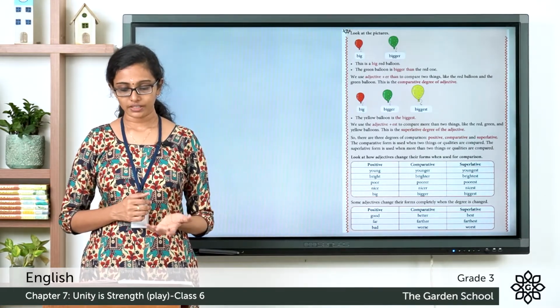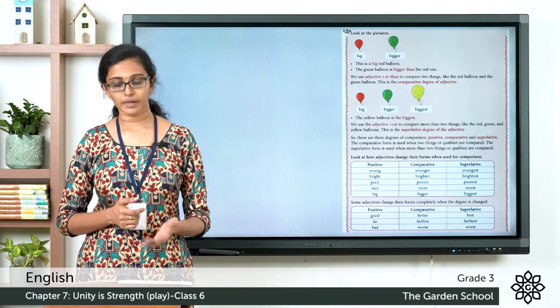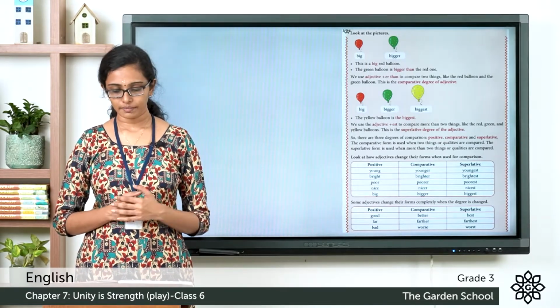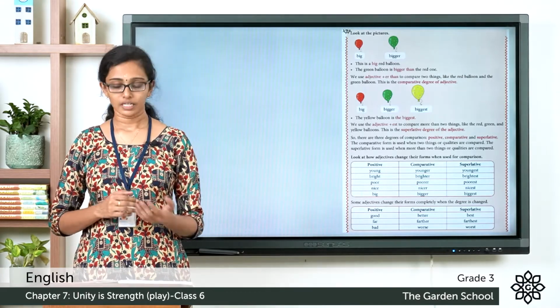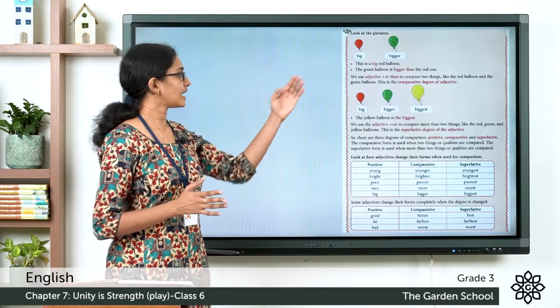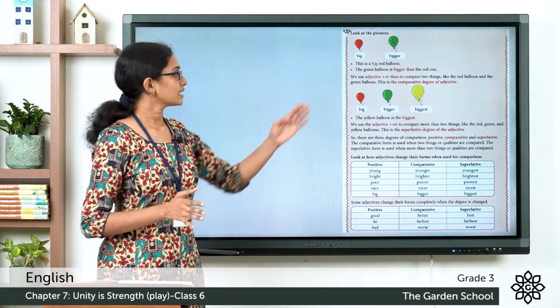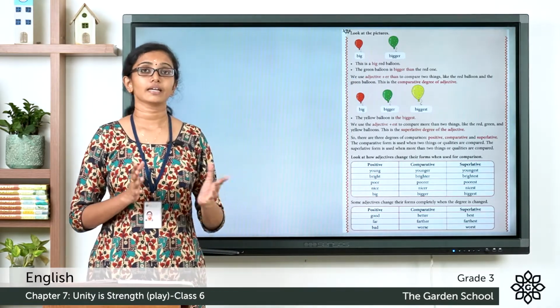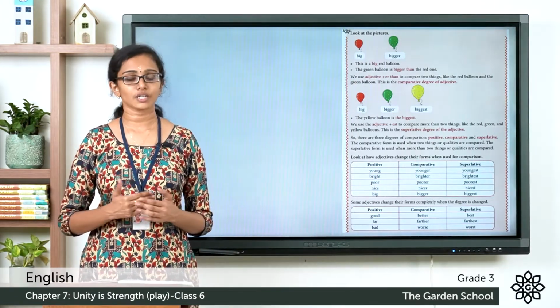So we use adjective plus er than to compare two things, like the red balloon and the green balloon. So this is the comparative degree of adjective. So here the adjective big is the positive degree, and the word bigger than is the comparative degree of the word big. Look at the next set of pictures.